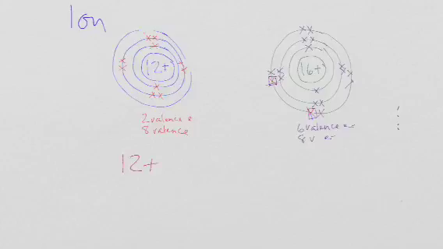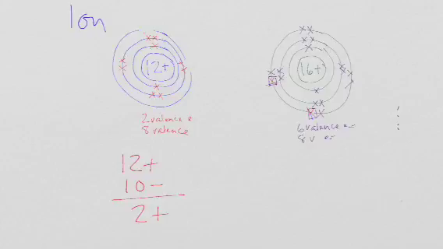But how many electrons does it have now? It only has 10 negatives now because it lost 2 in the breakup. So now it's going to have 2 more pluses than negatives, so it will be a positive ion with a charge of +2 because it has 2 more pluses than it has negatives.